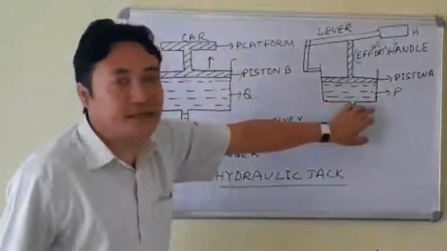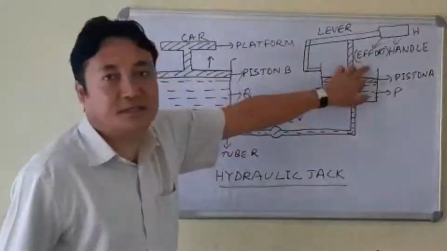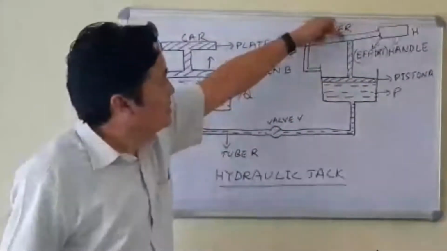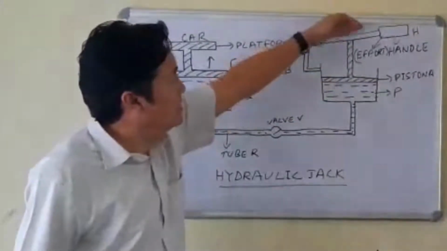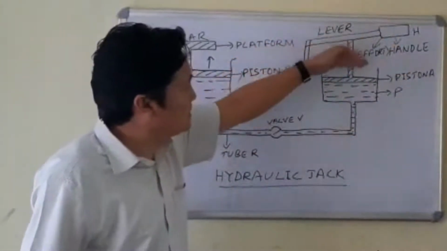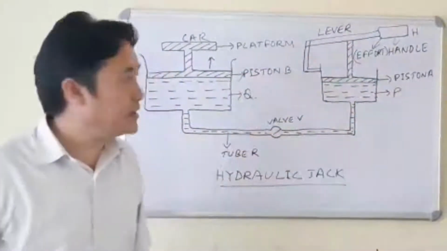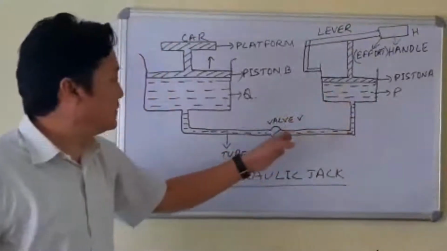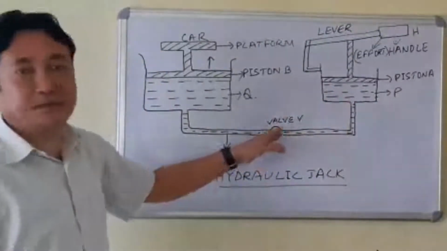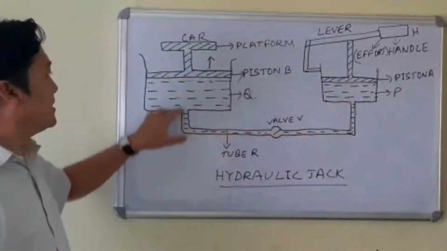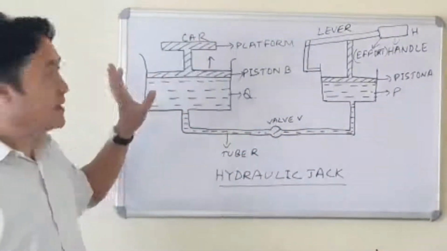The pressure is exerted because of this lever. Since the lever is attached with the piston, when the handle is pressed down, this piston will move down, and the pressure will be exerted on the water, and due to the pressure the water flows. The valve also gets opened due to the increased pressure, and through this valve the water enters and fills up the vessel Q.